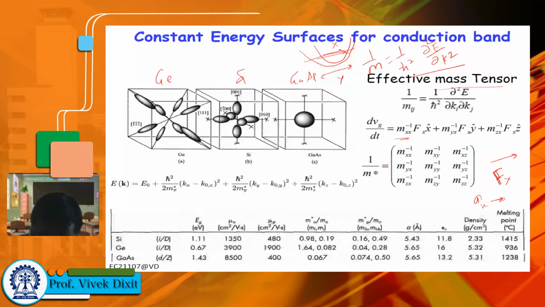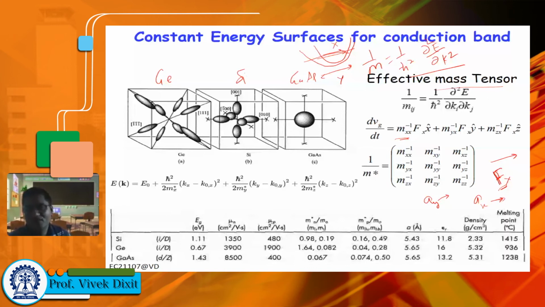Now if we apply force in x direction and say electron is accelerated along y direction, how is it possible? You apply a force in x direction and electron is accelerated in y direction. This happens in a constraint situation. When there is a constraint, the particle can move in a direction which is not along the force.